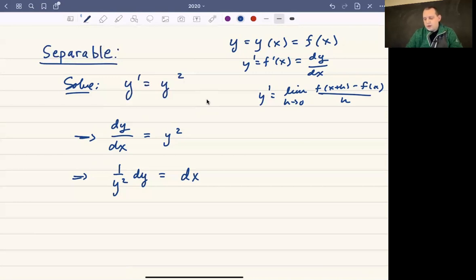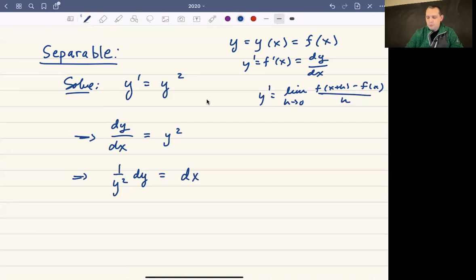So the reason why we would want to do this is that now we can integrate both sides. What I've written right here, 1 over y squared dy equals dx, is, technically speaking, nonsense. It doesn't make any sense to talk about dy or dx by themselves necessarily, unless you think of them as differentials, which is why we can kind of get away with this.